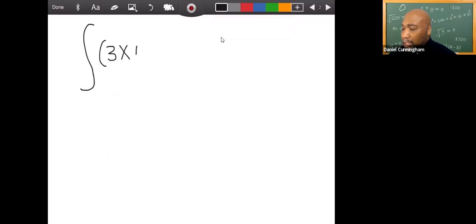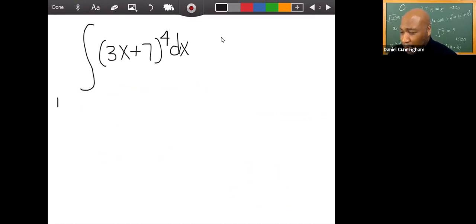Now let's do a similar problem. Let's say we had (3x plus 7) to the fourth dx. Now, I am not going to multiply 3x plus 7 four times. That's going to take too long. So I'm going to use u-substitution.